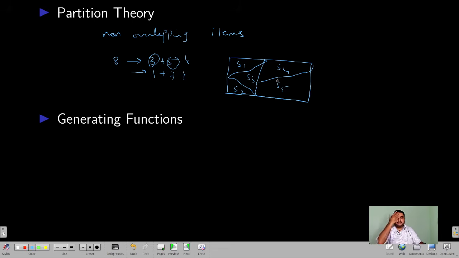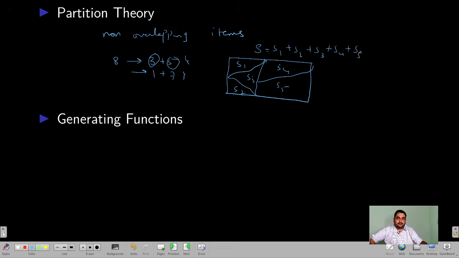If I want to get the entire set, it is nothing but the sum of all these partitions. This is called partition theory.